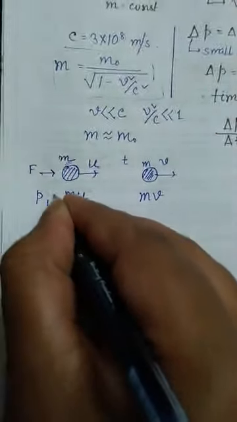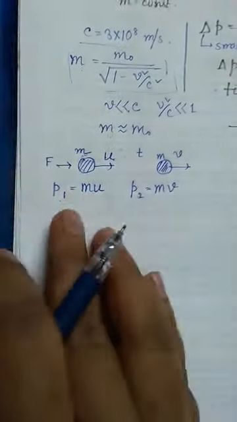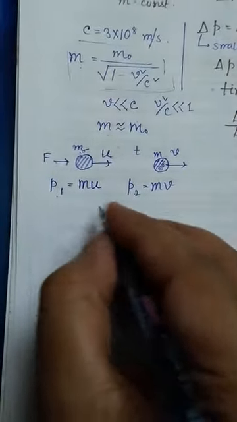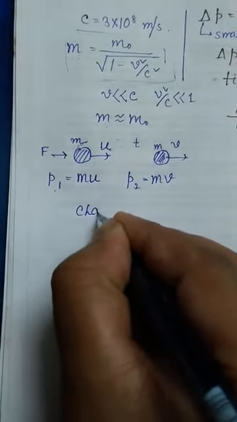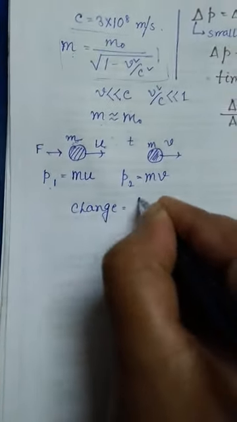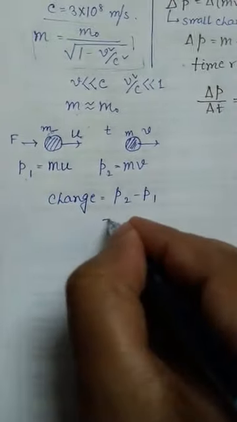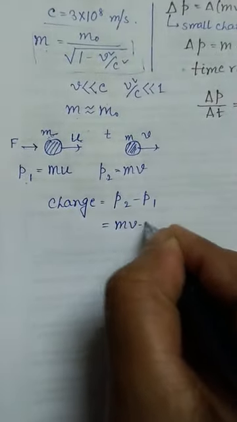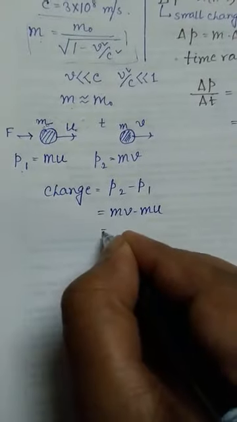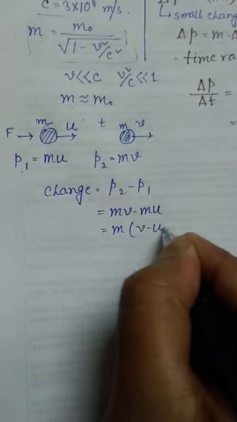So what is the change in momentum? I am taking this as p1 and this as p2, initial momentum and final momentum. So the change in momentum is p2 minus p1, which we can write as m v minus m u, that is m into (v minus u).